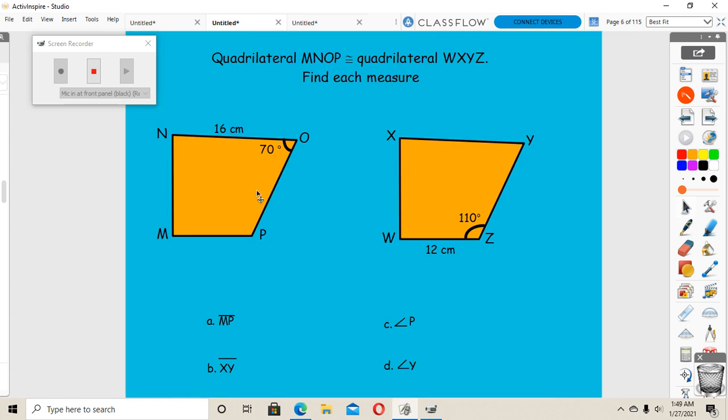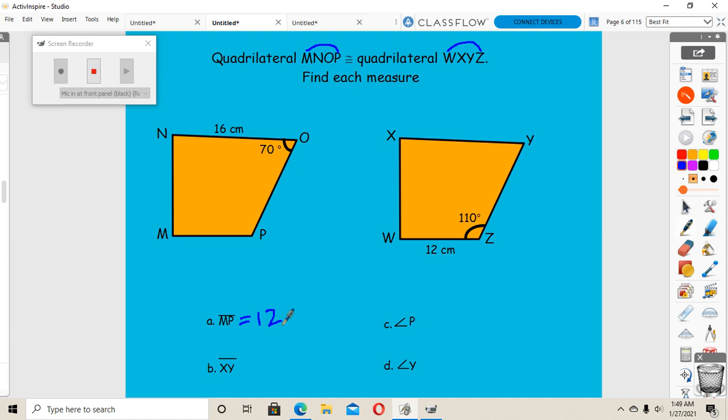Quadrilateral MNOP is congruent to quadrilateral WXYZ. Find each measurement. Here we are supposed to find MP. If we check, the first letter and the last one, MP, is exactly the same as W and Z. We can say MP is 12.